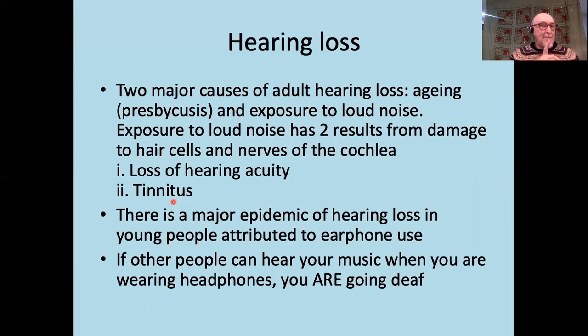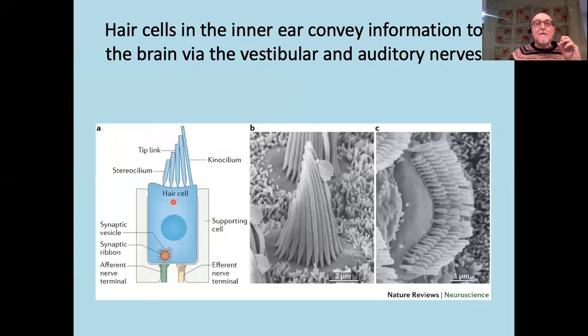The second type of deafness, though, is in our modern age much more important, and that is we can become deaf due to exposure to loud or acute noise. Acute, high intensity sound results in the loss of the hair cells.